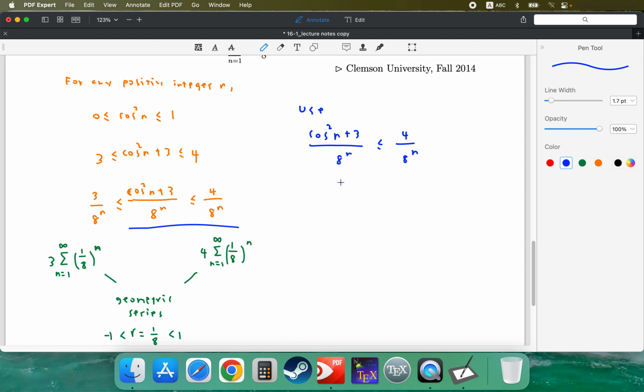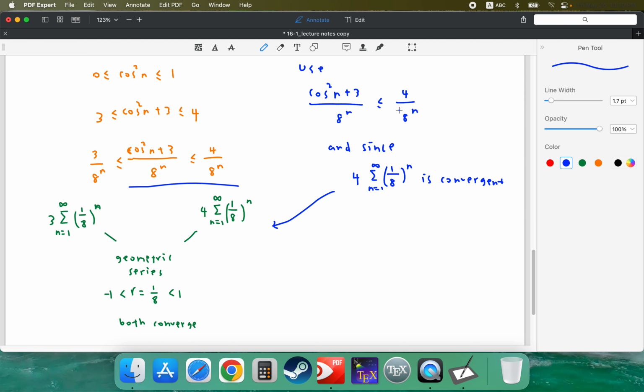We use this inequality, and since 4 times summation of 1 over a to the nth power is convergent, of course we explained it right here, so we don't have to explain it again.